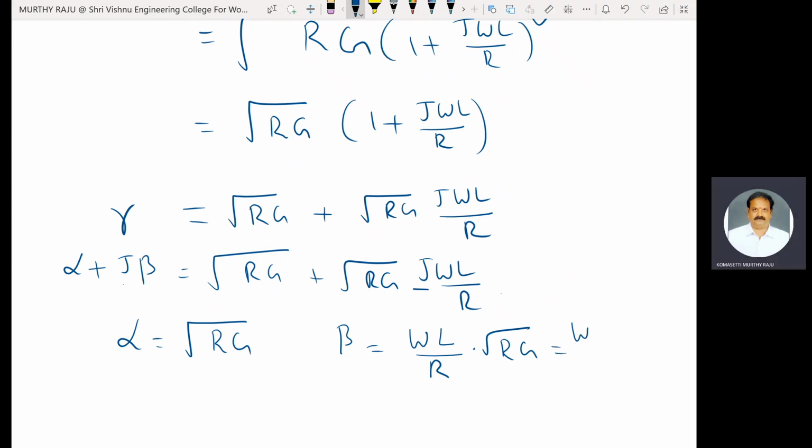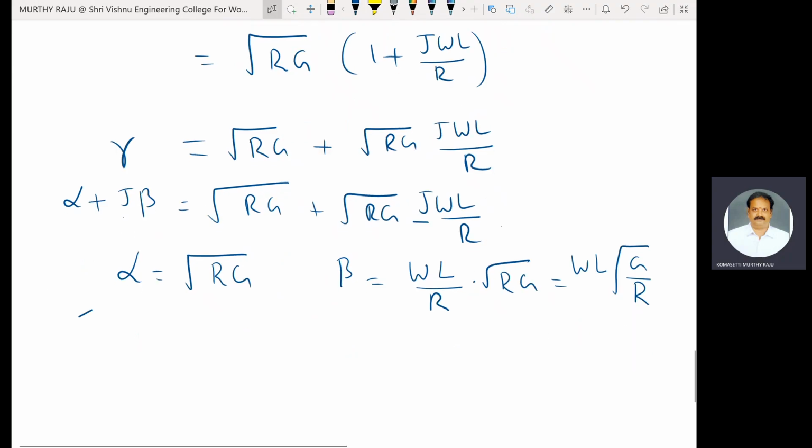This is equal to omega L, where R is root R into root R, root R is cancelled, root G by R. Alpha is the attenuation constant. Beta is the phase constant.